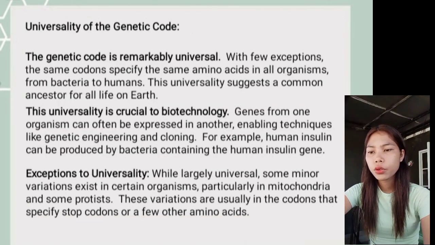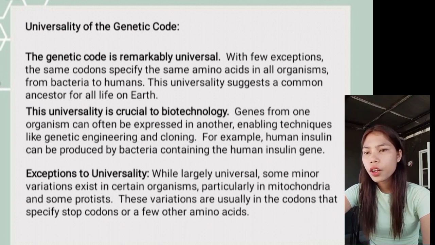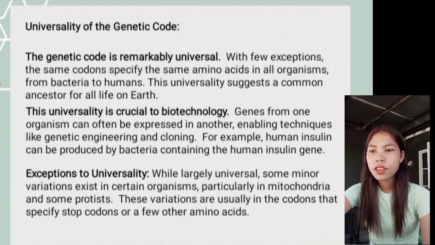Number 2. Universality of the genetic code. A remarkable feature of the genetic code is its near universality. The same codons specify the same amino acid in almost all organisms. From bacteria to humans, this strongly supports the theory of a common ancestor for all life on Earth.